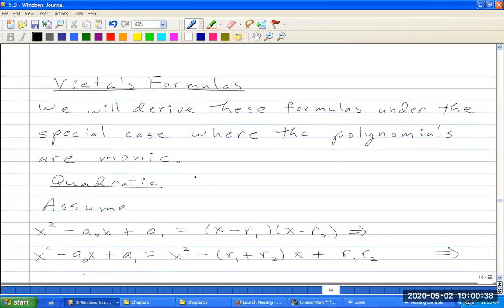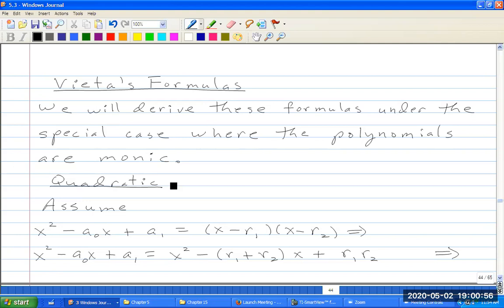Viete's formulas. So let me quickly say something about Viete's formulas. We'll derive some formulas under some special cases first. So first, the quadratic.